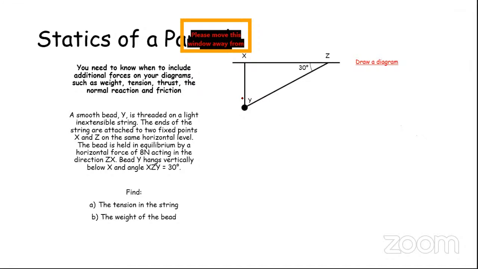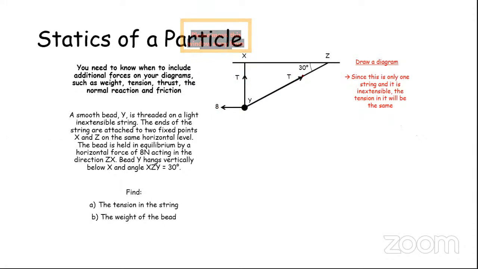Remember, the inextensible string has a force in it. We also have this 8 Newton force here that is trying to keep the bead in equilibrium. Since this is only one string and it is inextensible, the tension in it will be the same. So the tension in this portion of the string is equal to the tension in this other portion of the string.